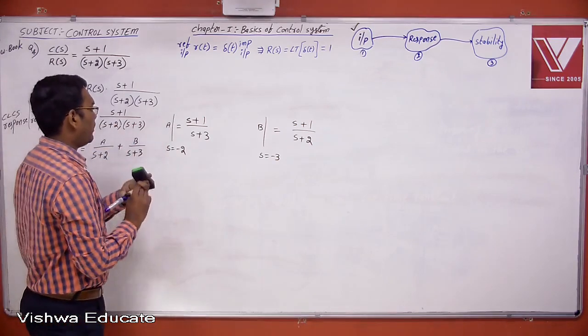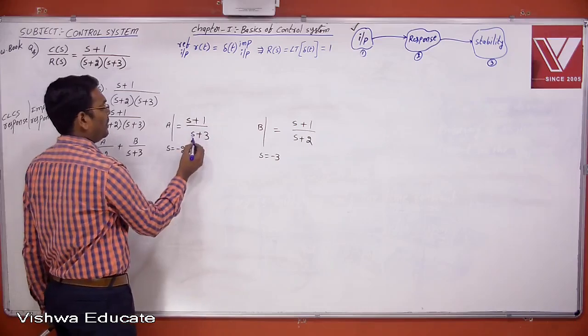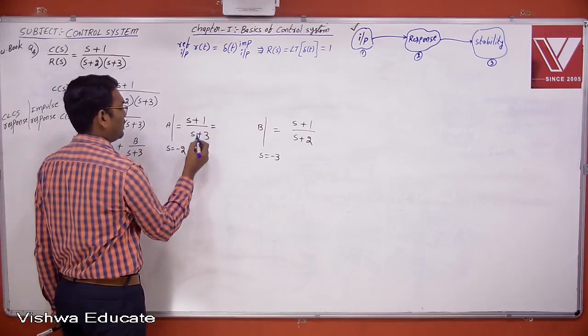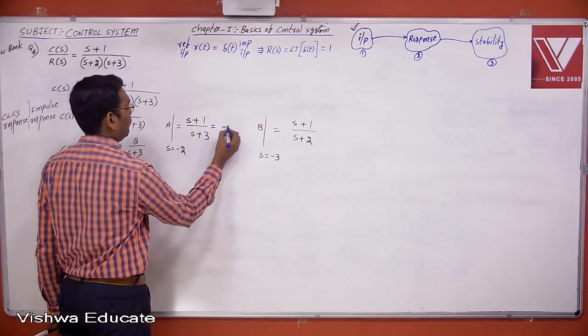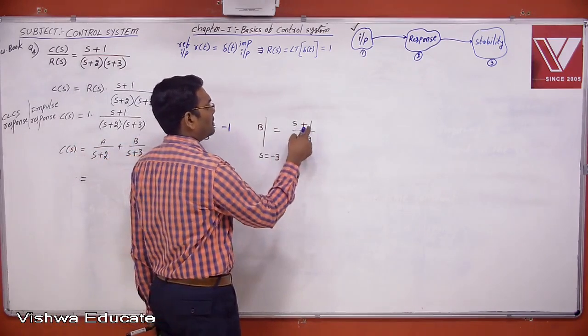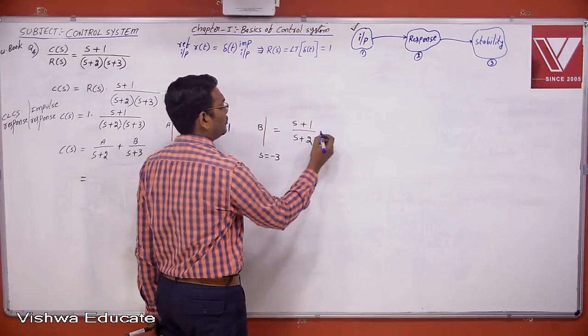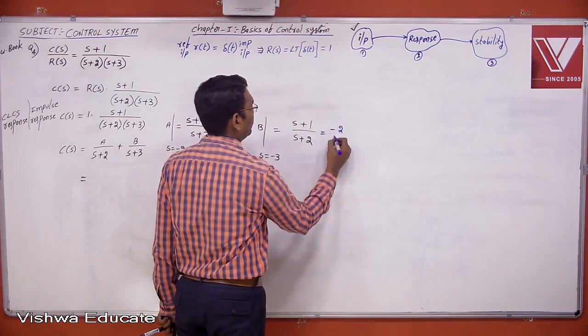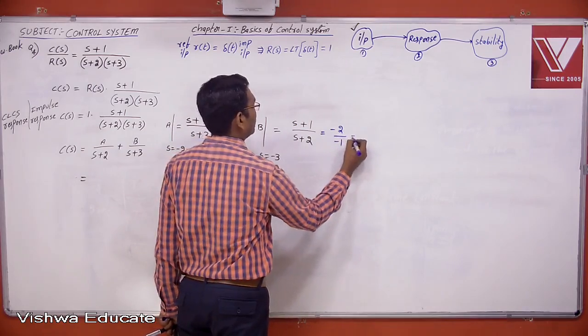Therefore, what is the a value? Minus 2 plus 1 by minus 2 plus 3, which is nothing but minus 1. Now s equal to minus 3: minus 3 plus 1 by minus 3 plus 2, therefore minus 2 by minus 1, which is equal to 2.